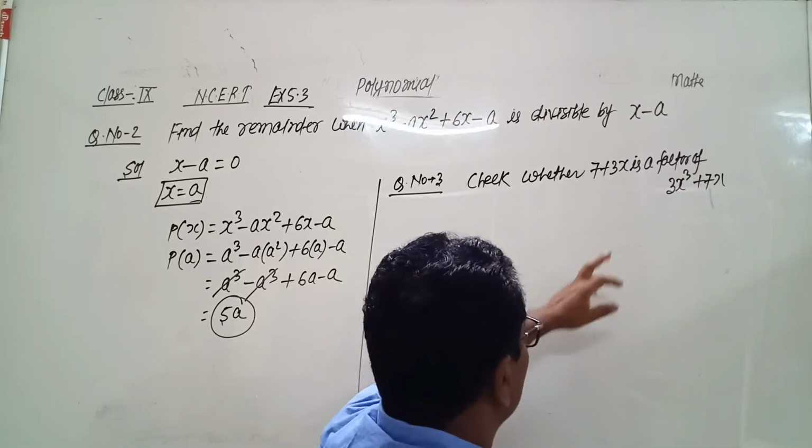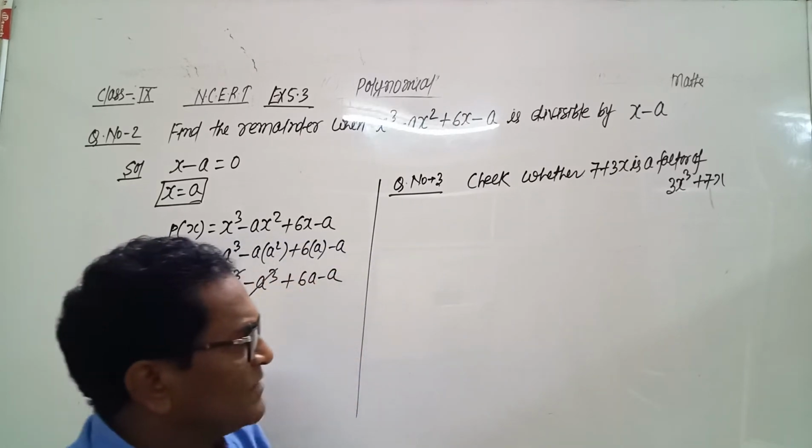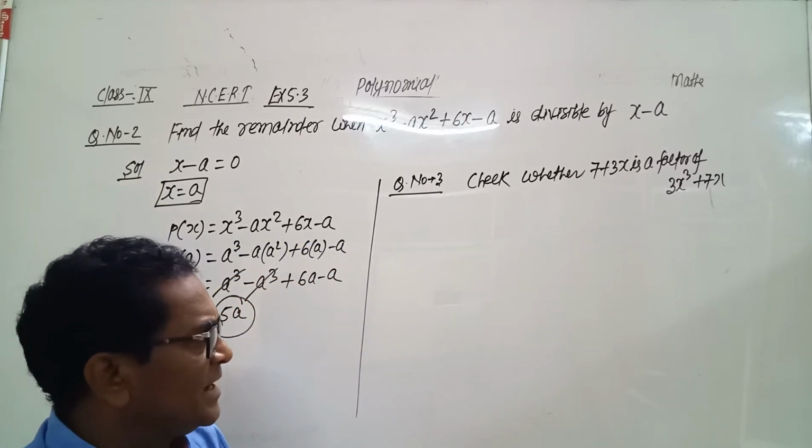So we have to check whether 7 plus 3x is a factor of 3x cube plus 7x.